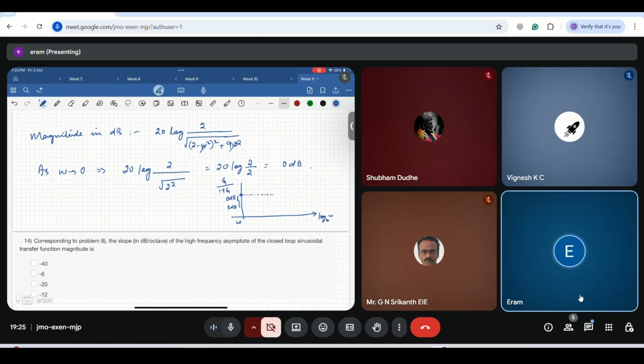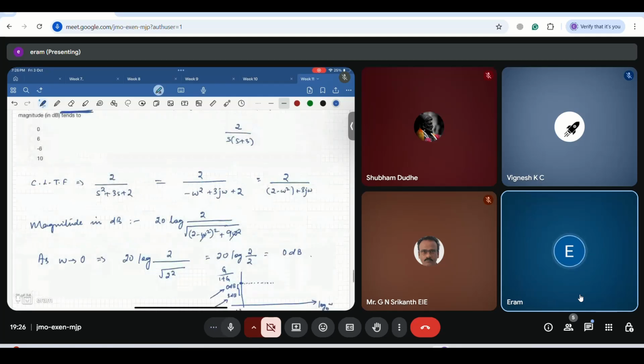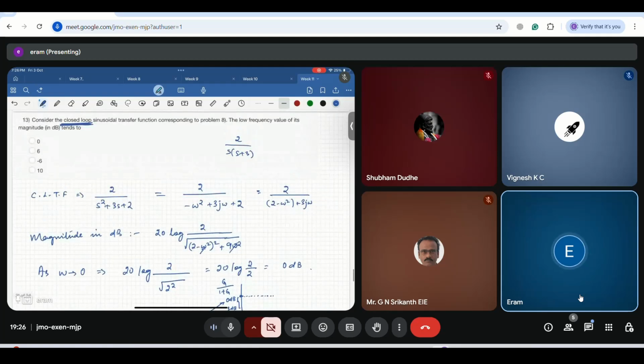So if the initial frequency value is 0 dB, you just have to calculate the magnitude at minus 3 dB. That's how things become easier when the initial frequency magnitude is 0 dB. Here we have calculated that the initial frequency magnitude is 0 dB.